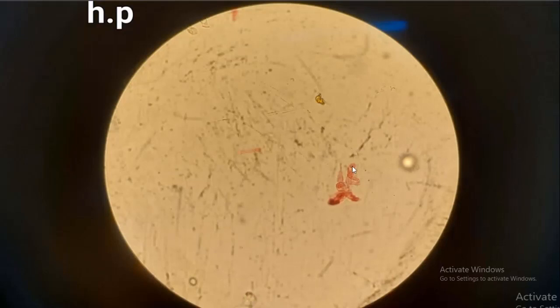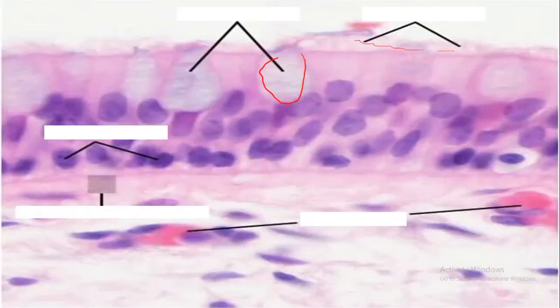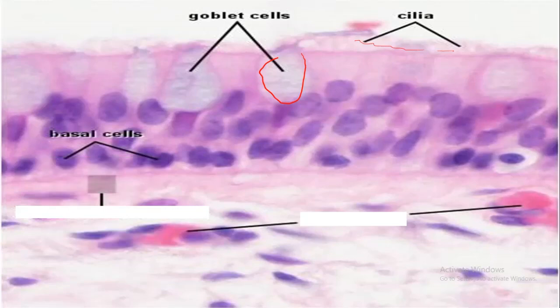These are just capillaries, but the original cells, we could not see them using this slide. So this is what is required for you to draw, except the goblet cells. But you need to show the cilia, you need to show the basement membrane.